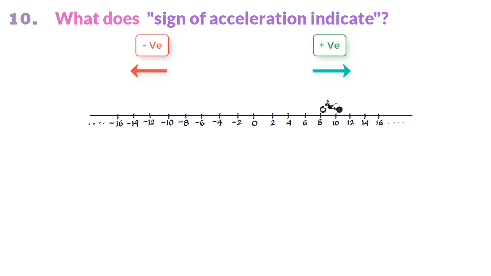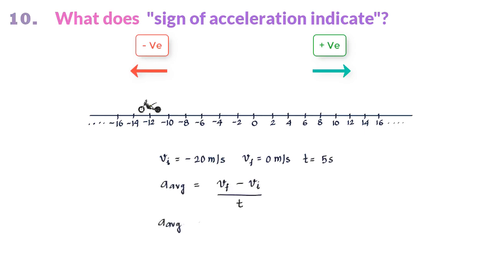So, if a bike has a velocity of minus 20 meters per second and is brought to a stop in, say, 5 seconds, the acceleration is (Vf minus Vi) upon time, which is equal to (0 minus (minus 20) meters per second) divided by 5, which you see is equal to 4 meters per second square.